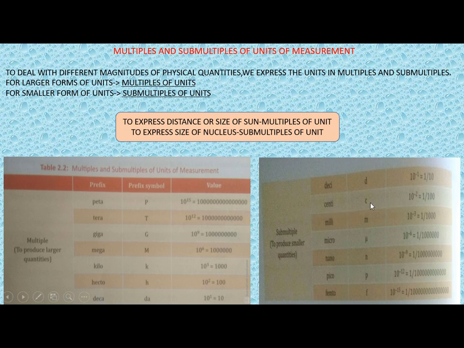Its symbol is c, and its value is 10 to the power of minus 2. Then we have milli, which is also used, and its value is 10 to the power of minus 3. Then we have micro, nano, pico, femto. These are some of the prefixes and you should know how much value they represent.